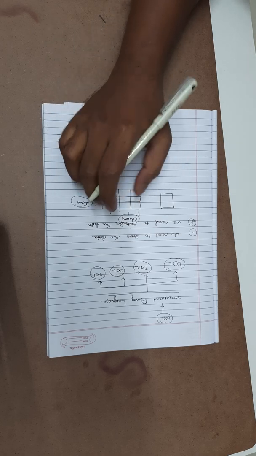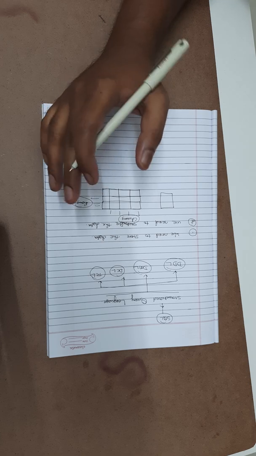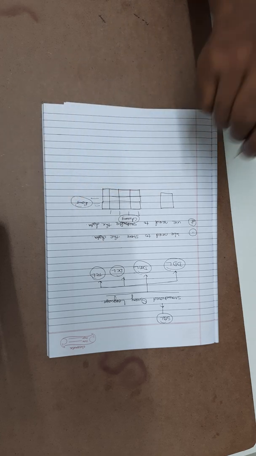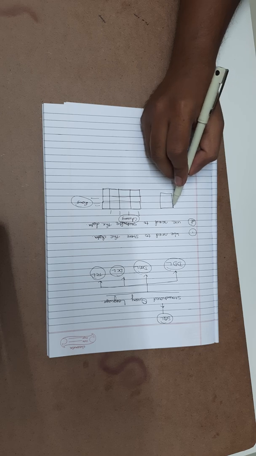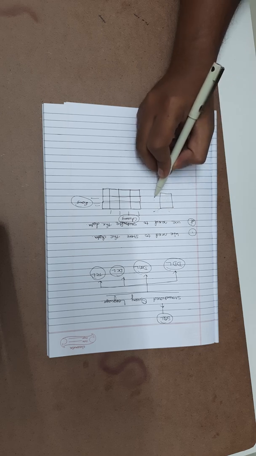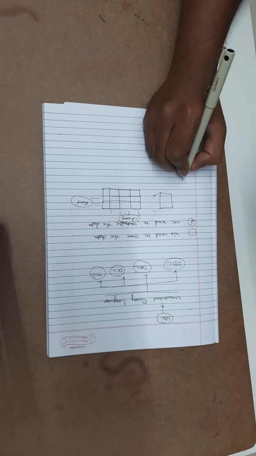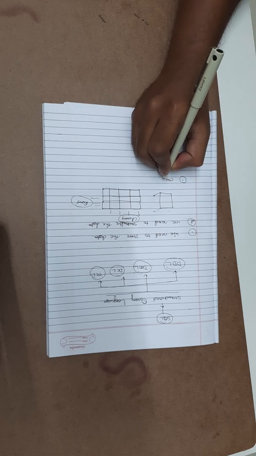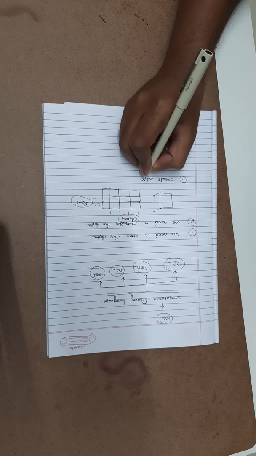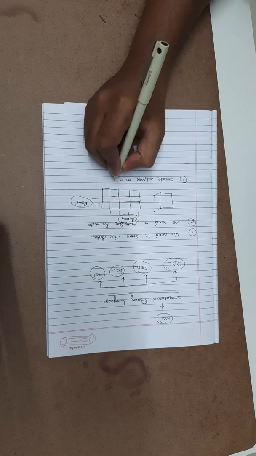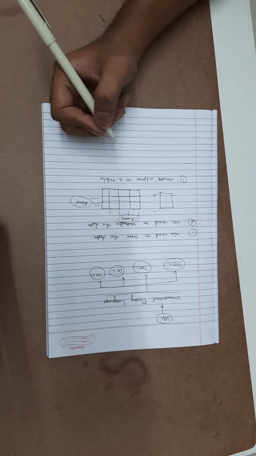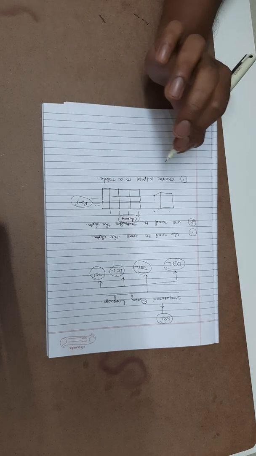This is a structure to store particular data in tables. In the entire space of the hard disk, we need to create a space for one table. So first, we need to create a table.